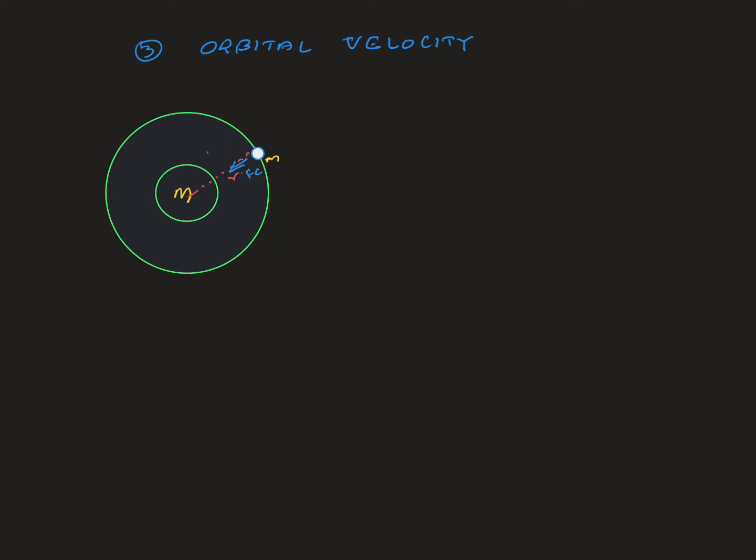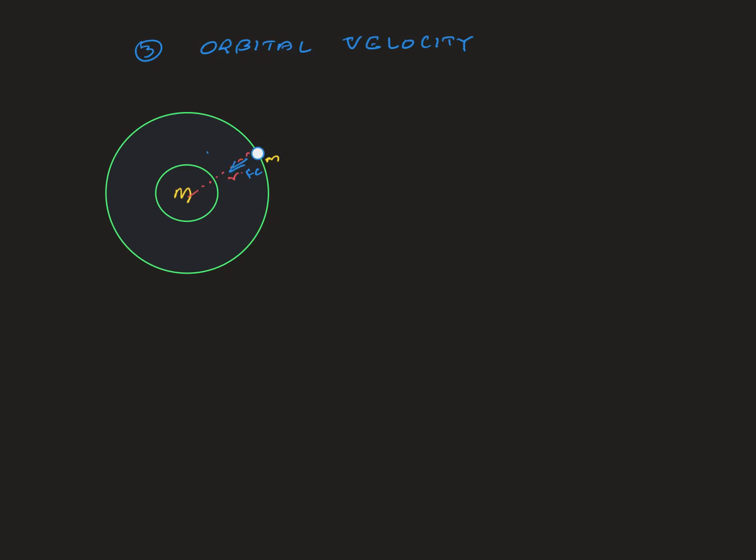So we have a planet with capital M mass, and there is an object at a distance r from the center of the planet with a mass small m. This is in circular motion, in orbit. That means there's a centripetal force acting towards the center of the Earth on that mass.